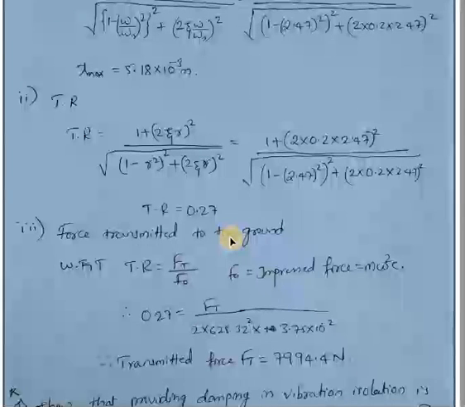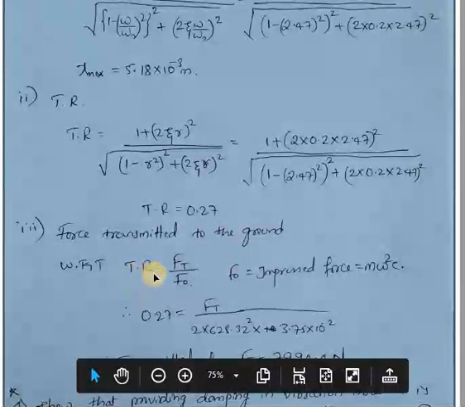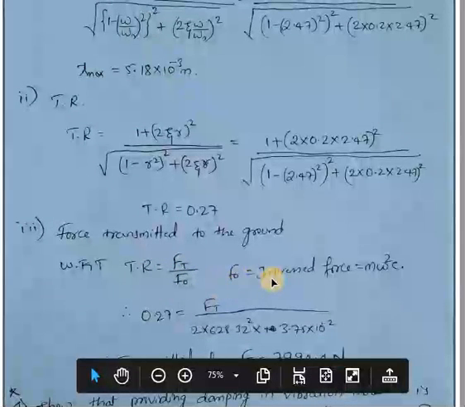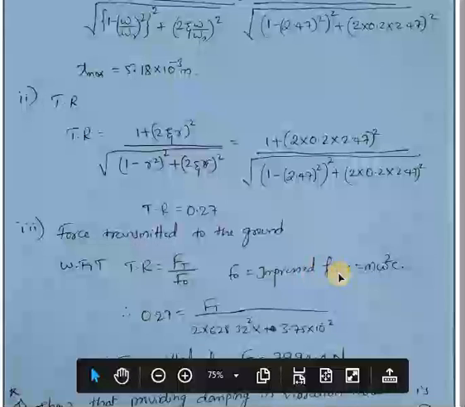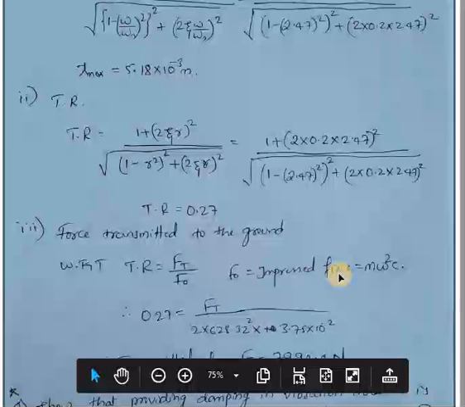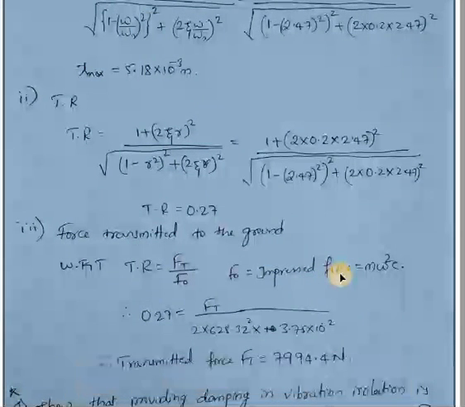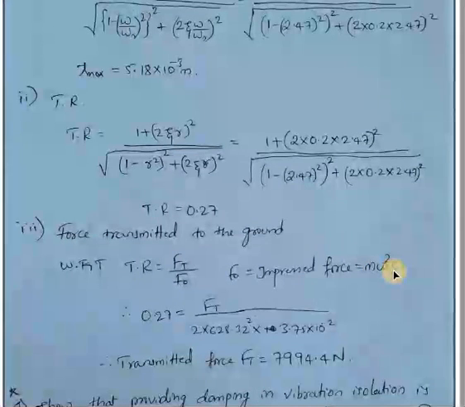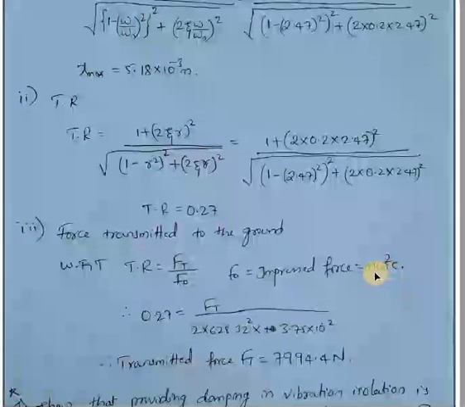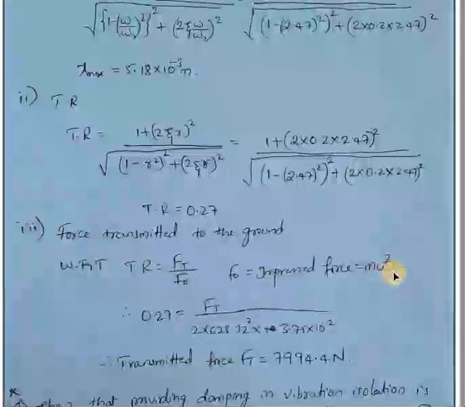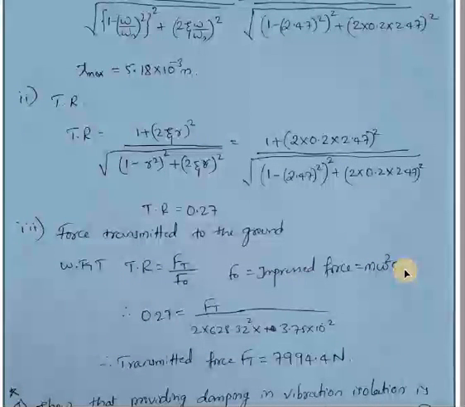Similarly, for the third one, force transmitted to the ground. He has asked us to calculate Ft, but we know that the transmissibility ratio is given by Ft by F0, where F0 is the impressed force for this reciprocating system. We can calculate it as m into omega square into E. Here we know the value of m, we know omega, and we know the E value.